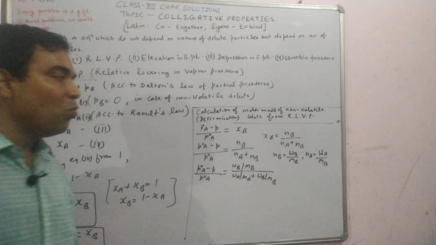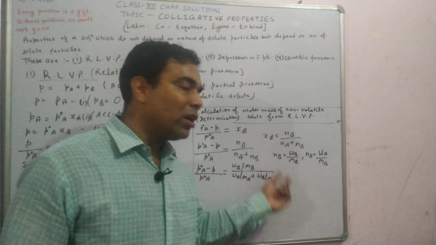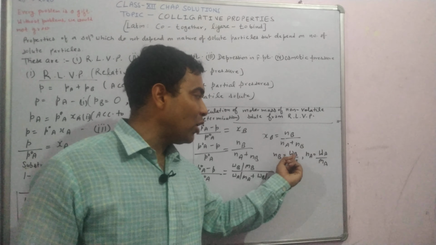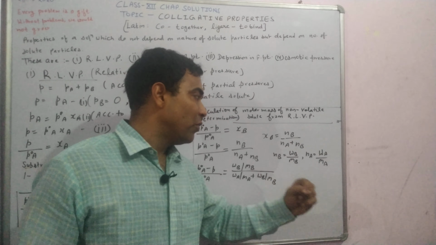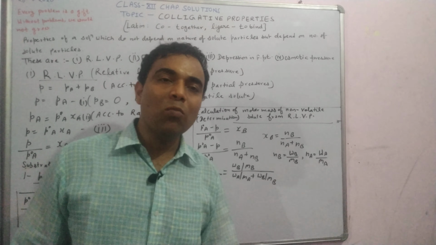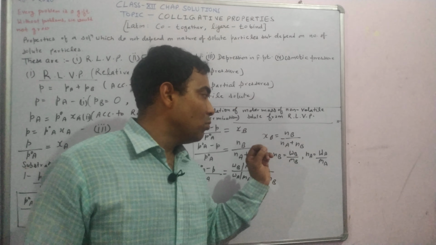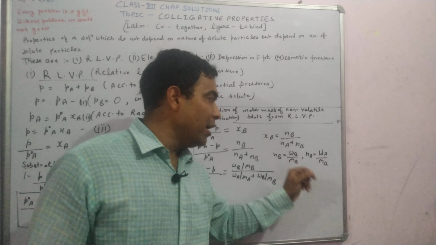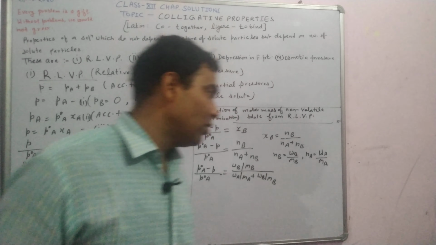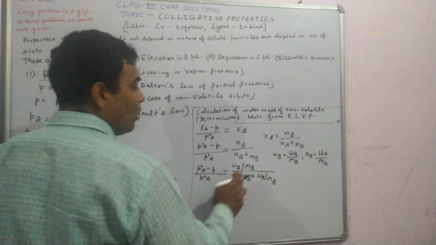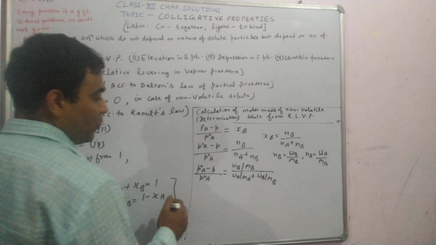NB is the number of moles of solute, or the molar concentration of solute, which is equal to the weight of the solute divided by the molar mass of solute, whereas NA is the number of moles, or molar concentration, of solvent and it is equal to the weight of the solvent divided by the molar mass of solvent. So by putting the value of NB and NA, we will have this equation.